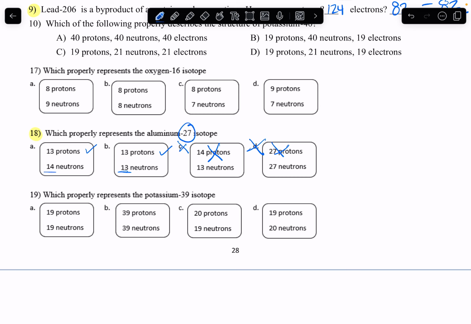My mass number is 27. To find the number of neutrons, I subtract my protons. 27 minus 13 is 14. I have 14 neutrons. So my answer would be A.